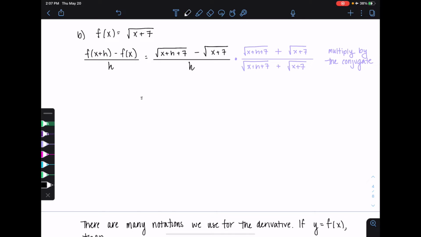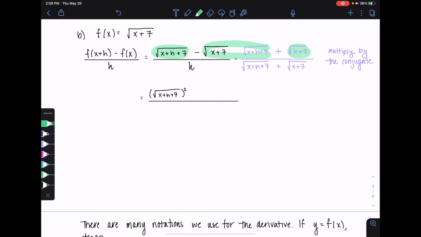But the nice thing is, when we now go through and FOIL this numerator, you get your first term, which they're exactly the same thing. So I get a square root squared. So my first piece gives us the square root of x plus h plus 7 squared. The outer would be positive, this square root times the other.